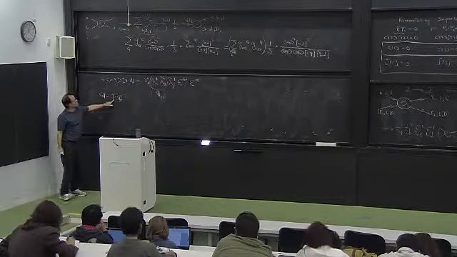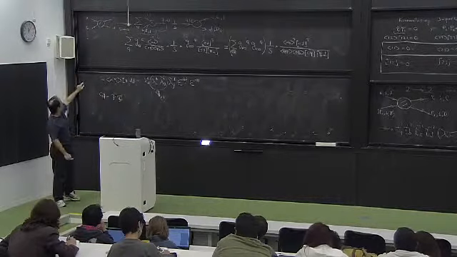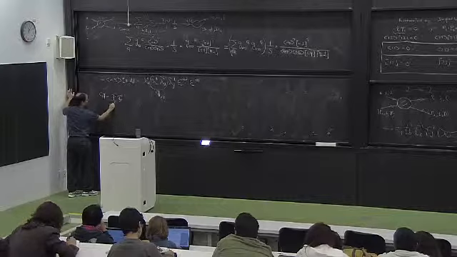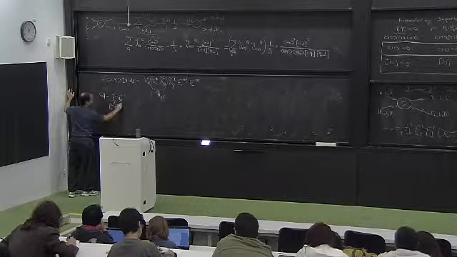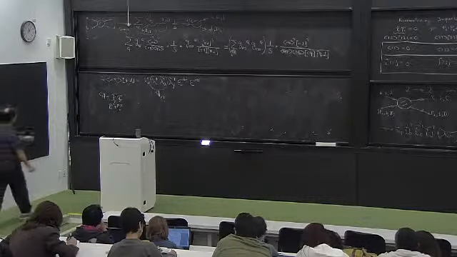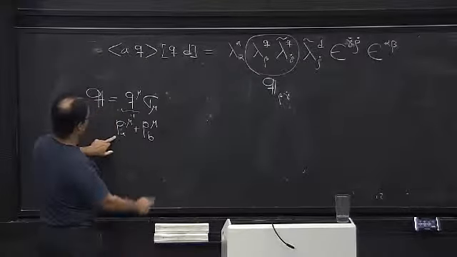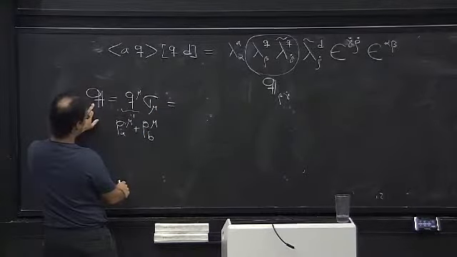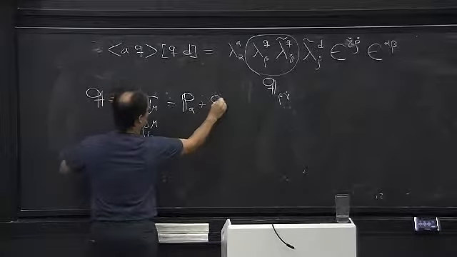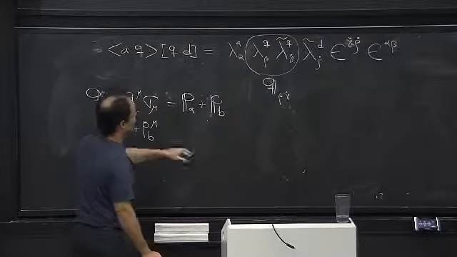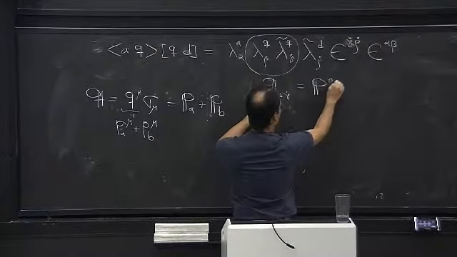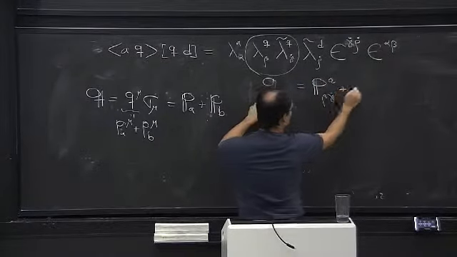Now I can replace Q by the sum of PA plus PB. Do you agree? By momentum conservation. That's true. So the matrix Q is the same as the matrix PA plus the matrix PB. And I can use that here to say that this is a matrix PA with entries beta, gamma dot.